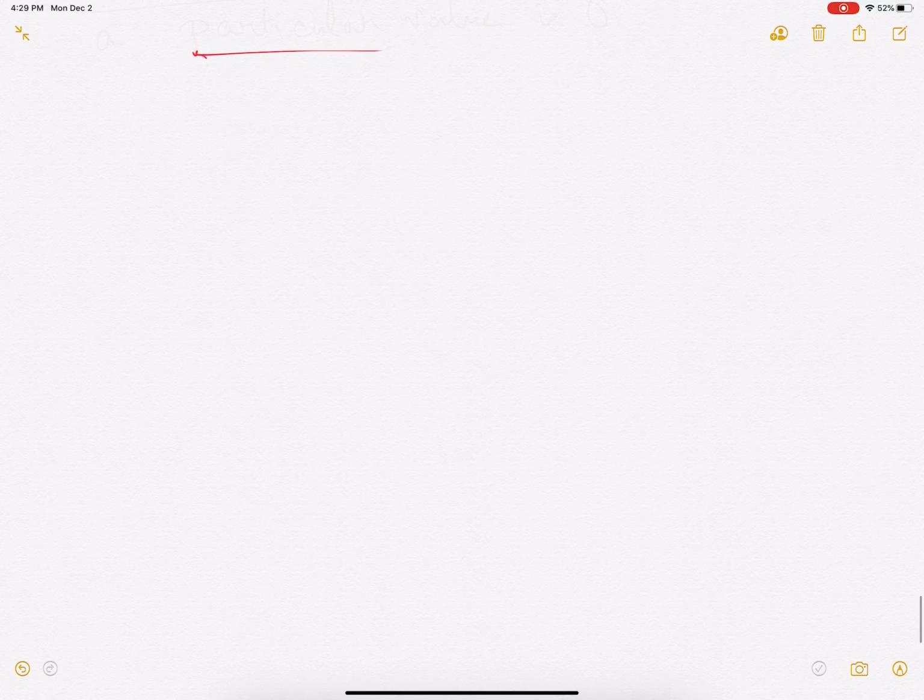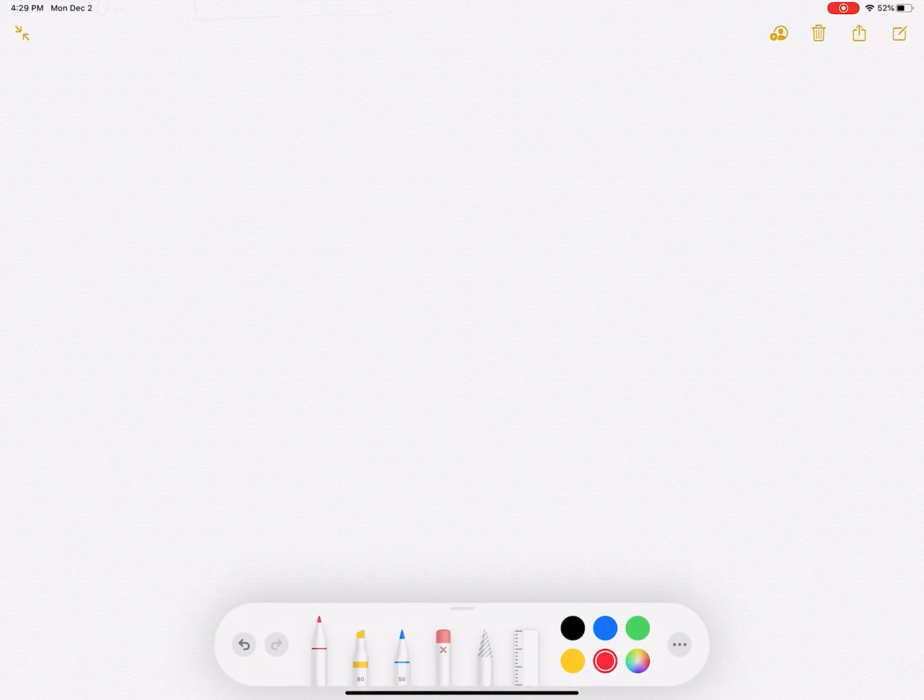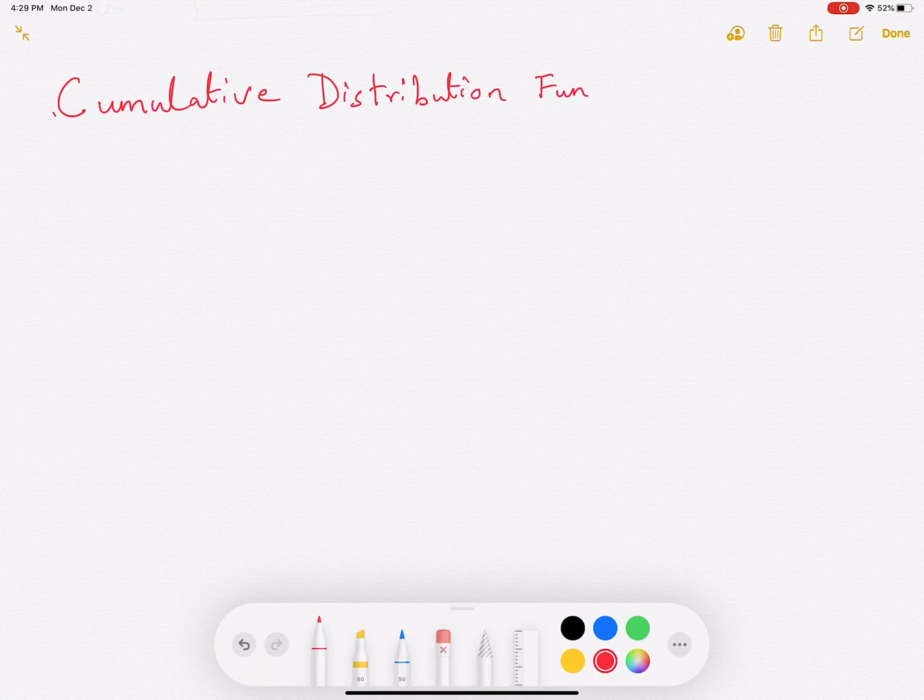So, cumulative distribution functions. To get the CDF for a continuous random variable, what do we have to do? It is defined by F of a, that is, x takes a value less than or equal to a.